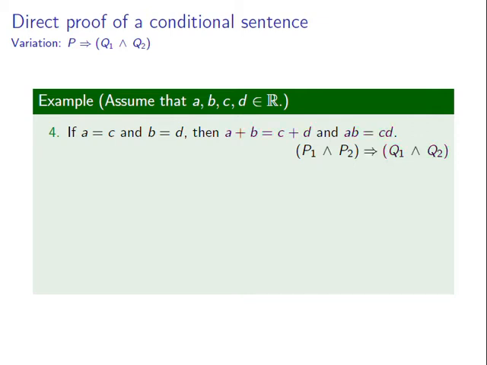Then the claim is a conditional sentence whose antecedent is the conjunction P1 and P2 and whose consequent is the conjunction Q1 and Q2.